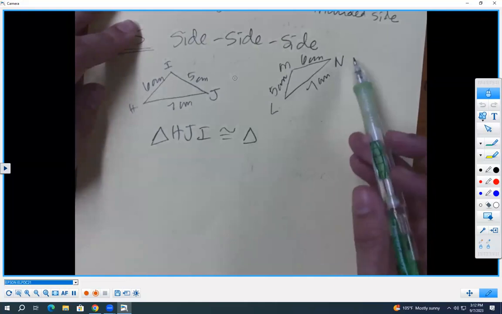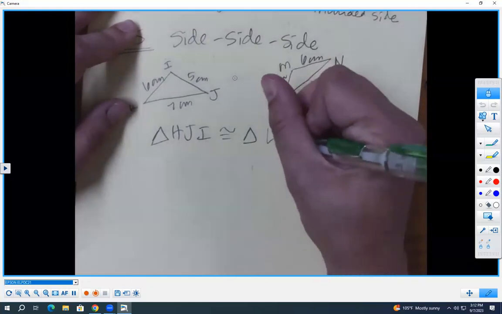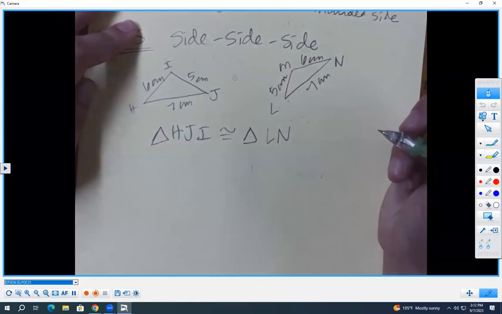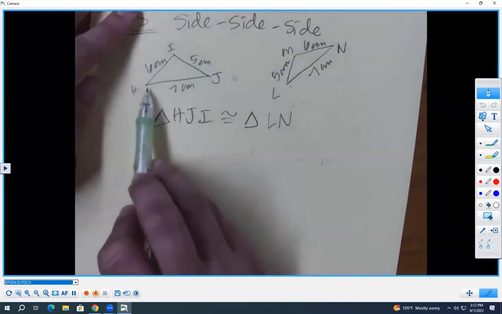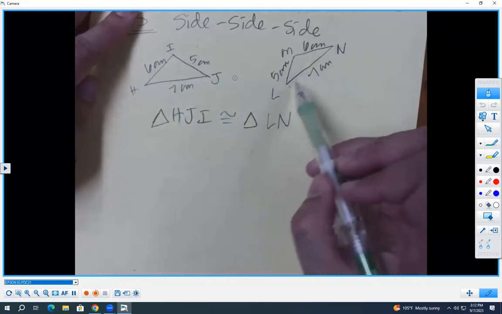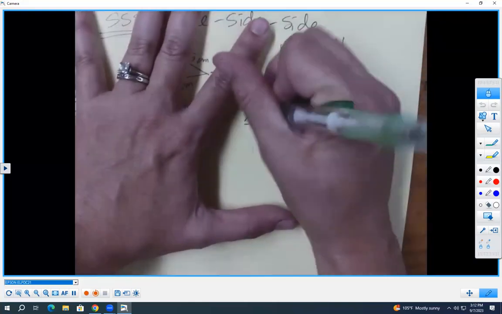So you either say LN or NL, it doesn't matter, right? Actually, it does matter. You have to choose which side. Yes, because HJ, so 7 to 5. So 7 to 5, it'd have to be NLM. I had it backwards.